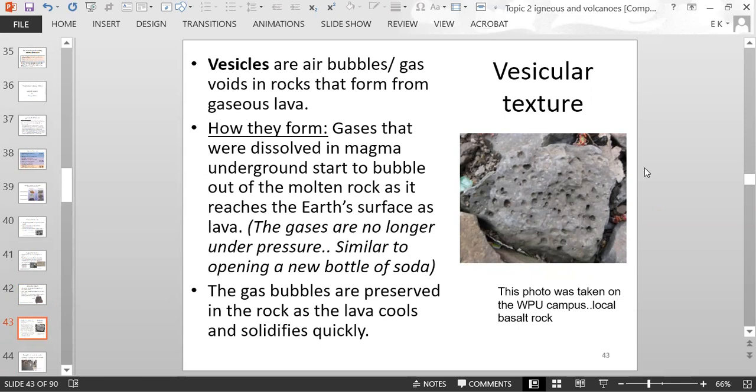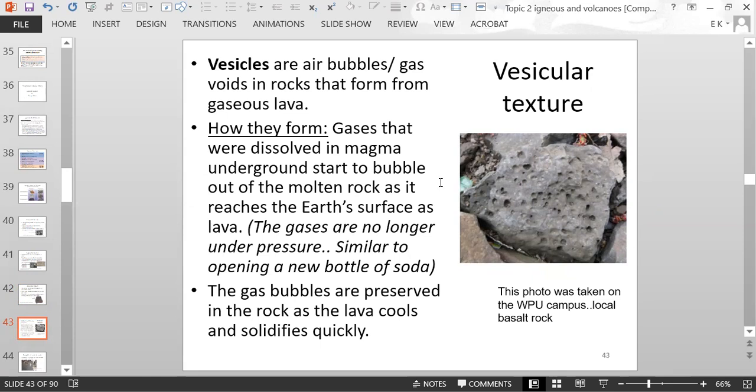So this is going to allow the gases to start bubbling out of the molten rock. And then the molten rock hardens and solidifies while the gases are bubbling out. So you end up preserving the gas bubbles as this vesicular texture.